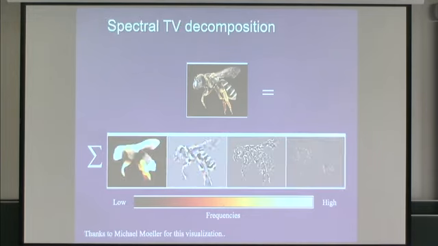Versus the TV decomposition, which is very sharp everywhere. It has discontinuous atoms, basically. So then if you start mixing and doing all these games, you can really control just the small things, medium, larger, and larger, etc.